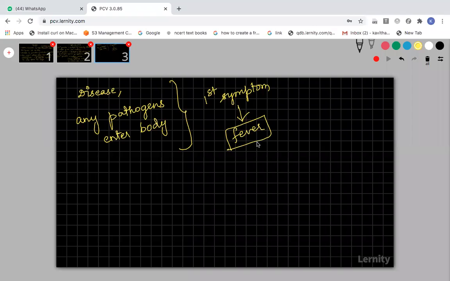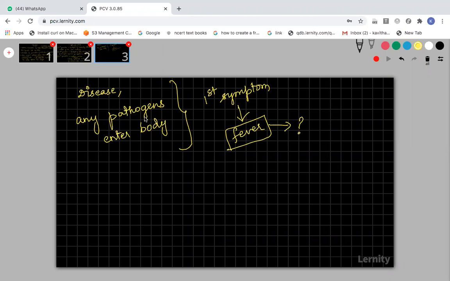Fever is a common symptom for almost all the diseases. Whatever harmful pathogen enters into the body, the first thing your body will show you is some symptom, that will be fever. So I just want to tell you how this fever is occurring in our body.